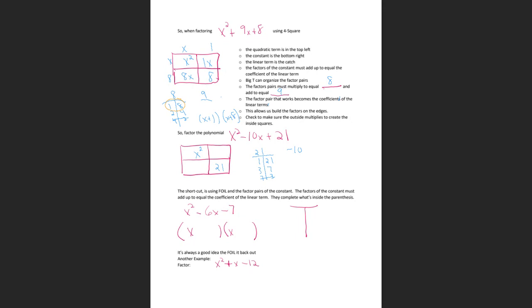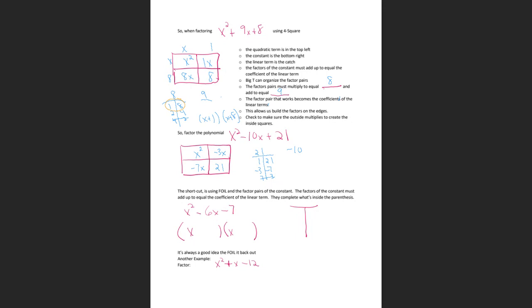It looks like this 3 and 7, but to be a negative 10, they're both going to have to be negative. If I change them both to negative, I still have to get this 21. Does a negative times a negative still represent a positive? Yes, when you multiply two negative numbers together, it does give you a positive. So these are going to be the coefficients of my middle term, negative 3x and negative 7x.